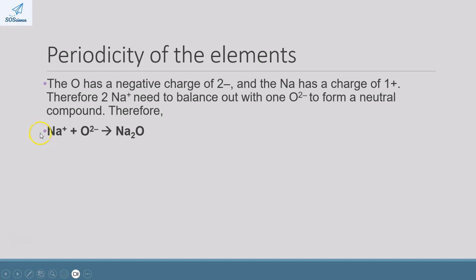So if I take Na+ and O2-, that is going to form the compound sodium oxide, but within that compound, I have Na2, because I actually need 2 Na+ to balance out the 2- of 1 oxide ion.